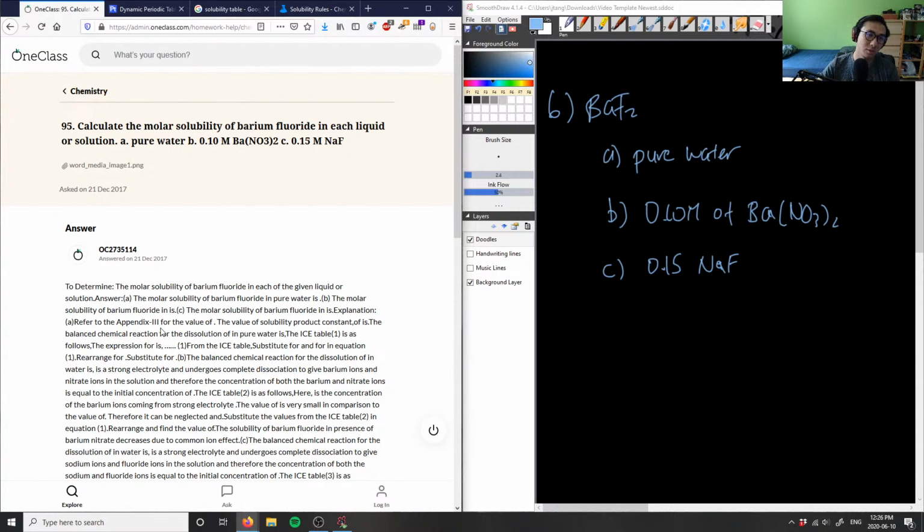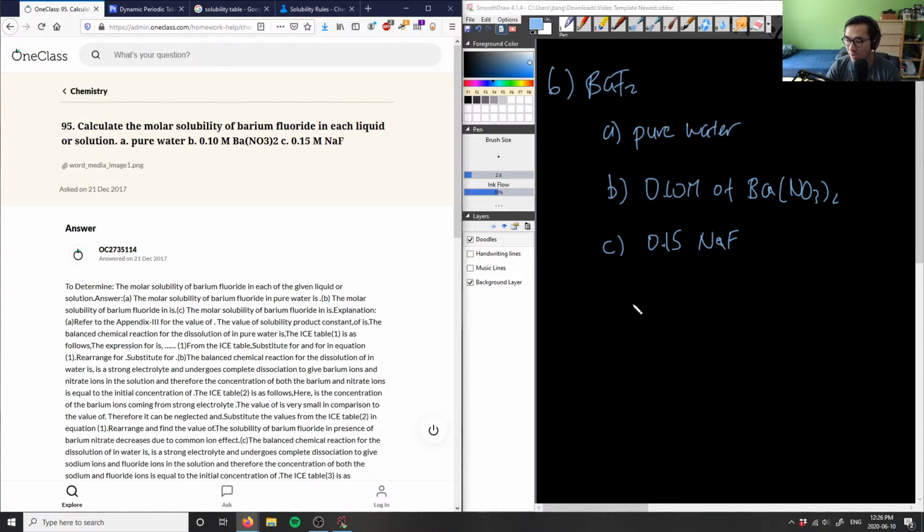So let's calculate the molar solubility of barium fluoride in each liquid or solution. We're given pure water first, and then these two. In order to calculate this, I'm not given any concentrations for pure water, but I'm given concentrations for these: 0.10 molar of barium nitrate and 0.15 molar of sodium fluoride.